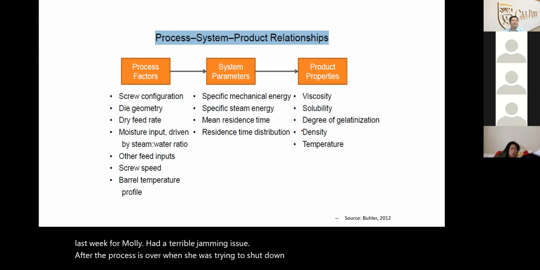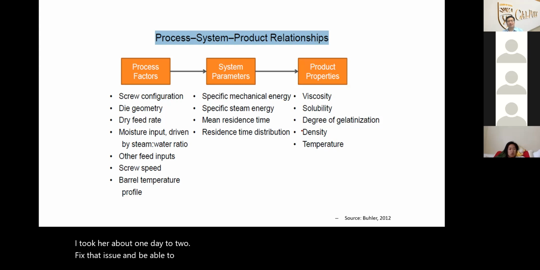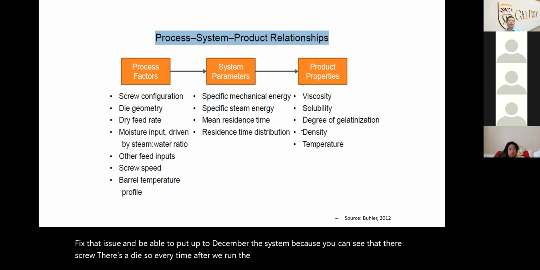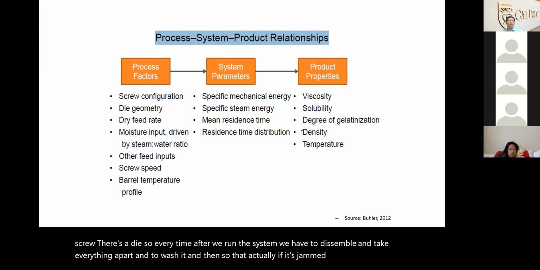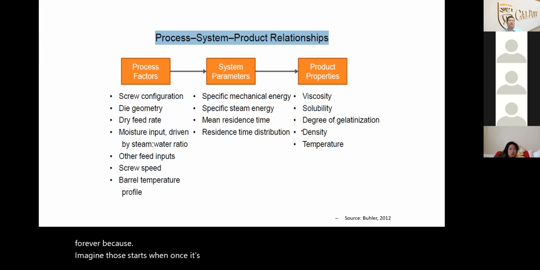It took her about 1 day to fix that issue and disassemble the system, because there's a screw and a die. Every time after we run the system, we have to disassemble everything and wash it. If it's jammed inside, it really takes forever, because once the starch is burned, it's quite stiff and can bind everything together.